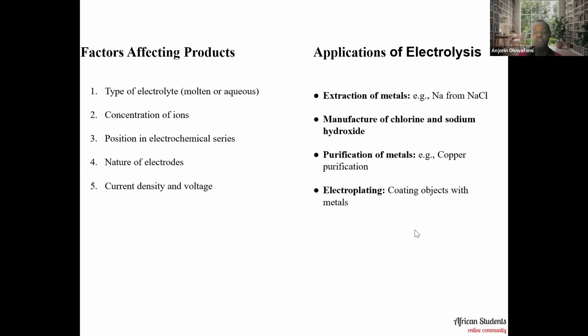Okay, so the electrochemical cell is the next one that we need to look at briefly. Devices that convert chemical energy into electrical energy or vice versa are referred to as electrochemical cells.